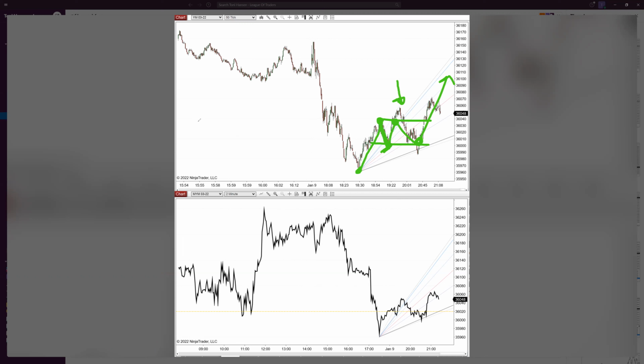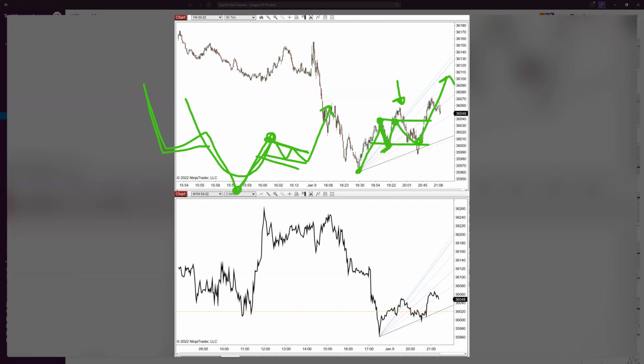So we don't have that nice base of congestion here that we would typically look for in a Phoenix. A Phoenix setup is basically any setup where you're coming off of the lows, you get this counter trend move, and then we get a continuation. It could be the handle in a cup with handle. It could be the right shoulder of an inverse head and shoulders. And with our Fibonacci fan, the core way that we apply that fan is we go from that low to this high here.